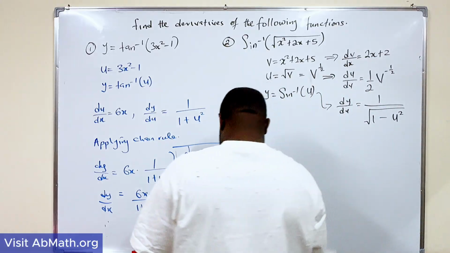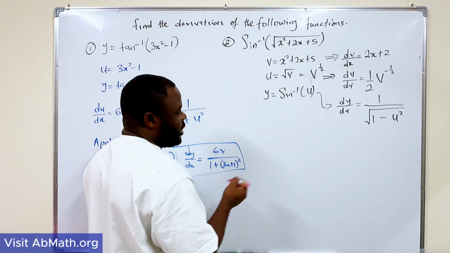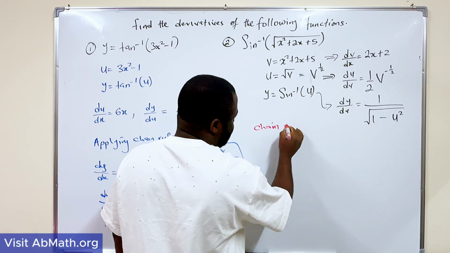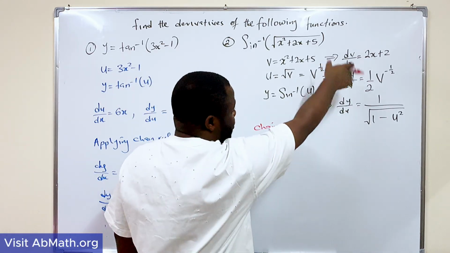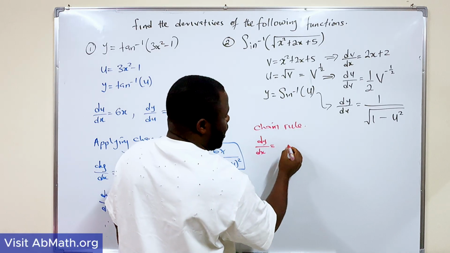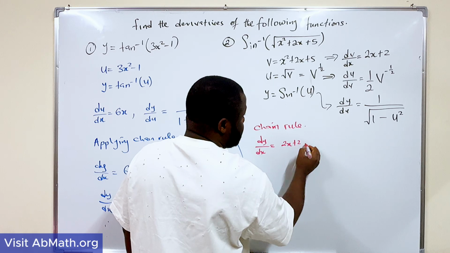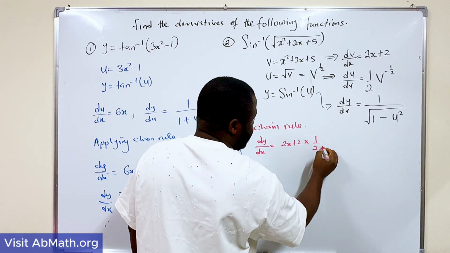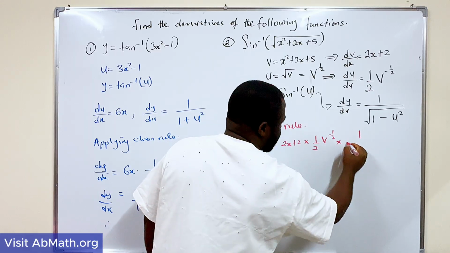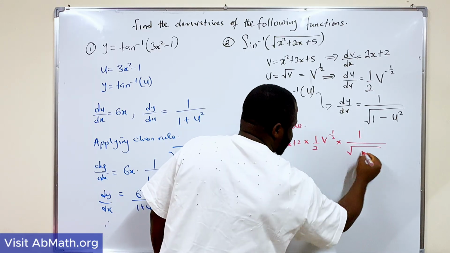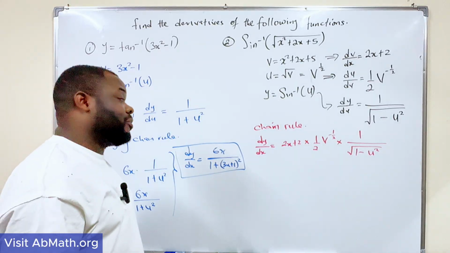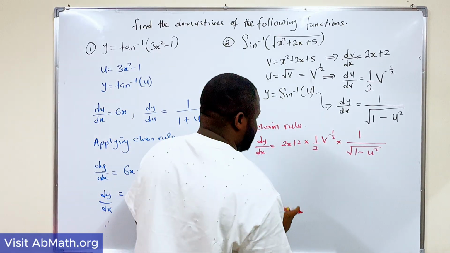Applying the chain rule, we multiply everything. dy dx will now equal 2x plus 2 multiplied by half v to the negative 1 over 2, then multiplied by 1 over square root of 1 minus u squared.